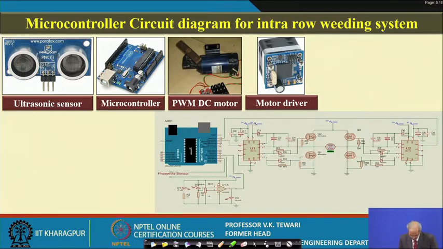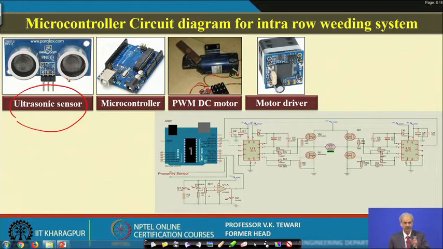So, let us see what the things are here. You can see the ultrasonic sensor here. This is the sensor which will look at the weeds and see the level of extensive or intensive, the amount and the spread of the weeds. Then the microcontroller will take care of all the information that it has got from there.